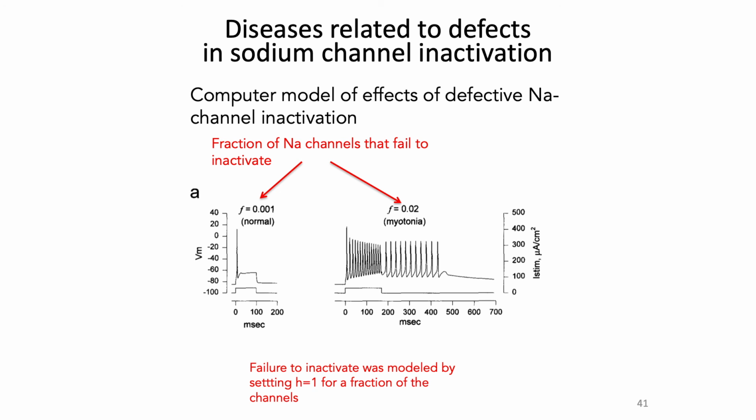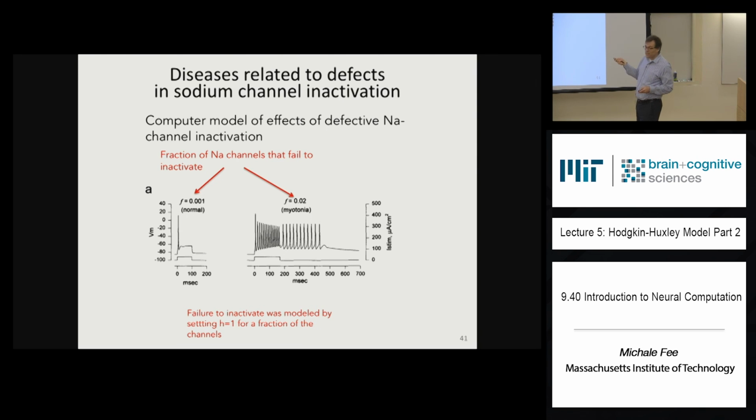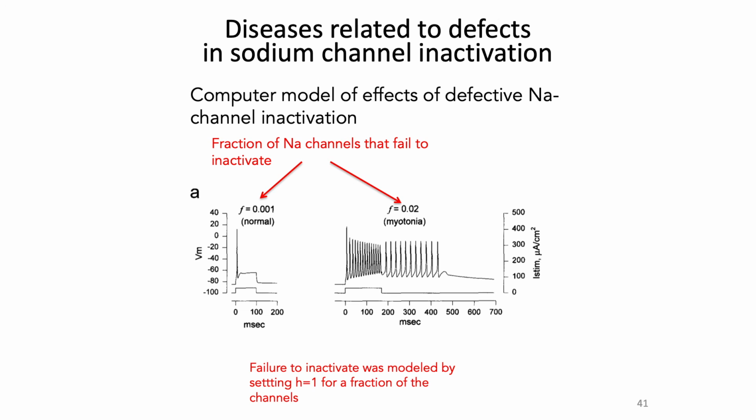So here's a normal muscle fiber. You get a single action potential. What they did was they made some fraction of those ion channels fail to inactivate. And here's what happens to the model when you make 2% sodium channels fail to inactivate. You see that you get this large number of action potentials because the sodium channels are not inactivating properly.